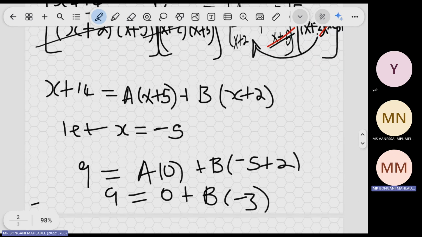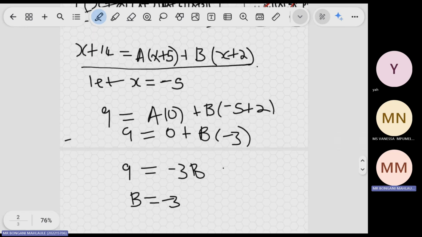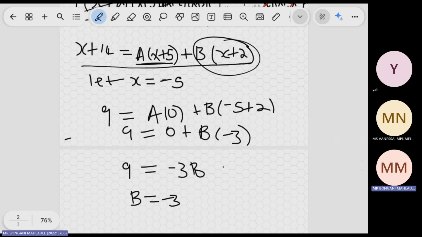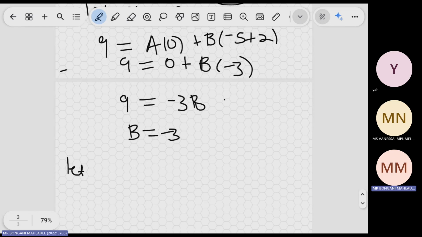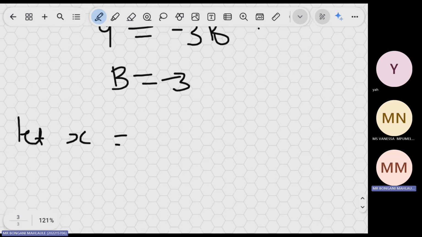Then now I can let my x be -2. I hope you guys will understand why now I'm choosing -2, so that this part can become 0, and then I'll be able to solve for a. So let x be equal to -2.